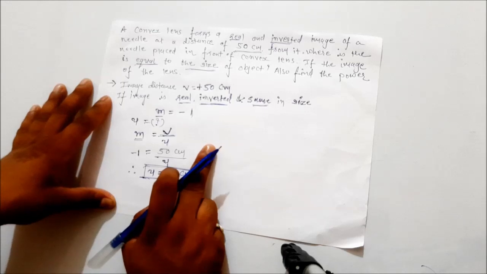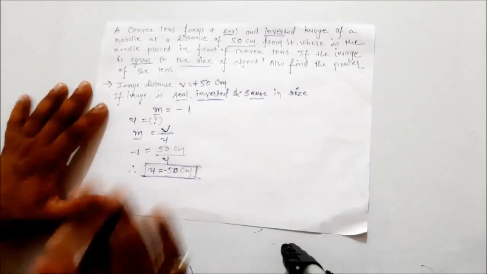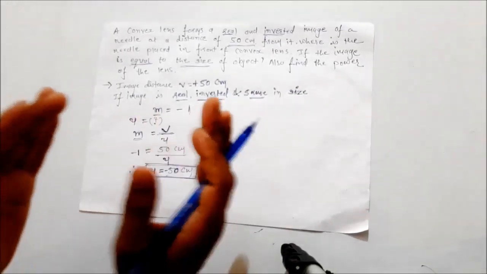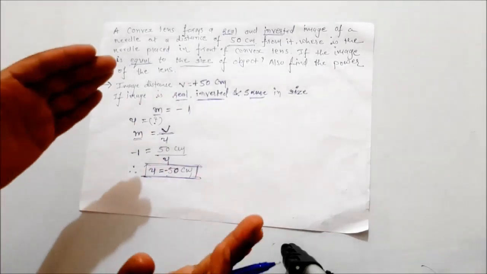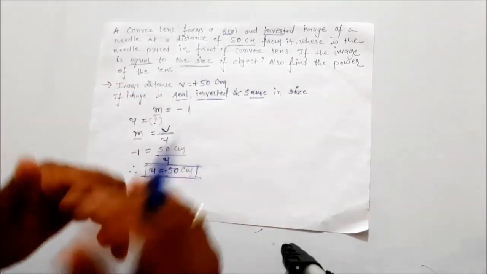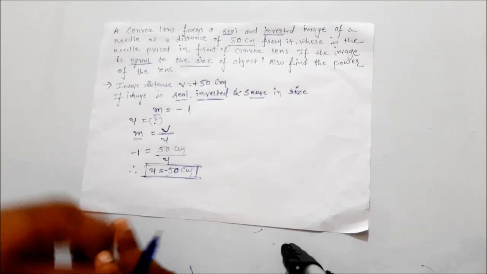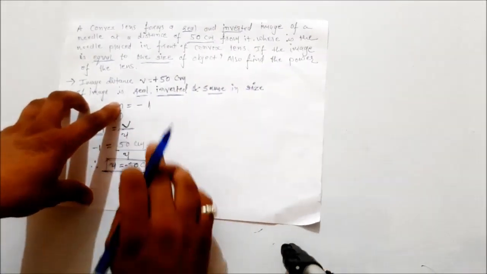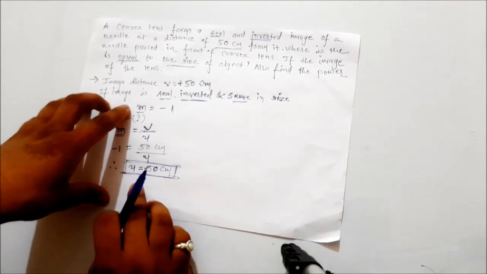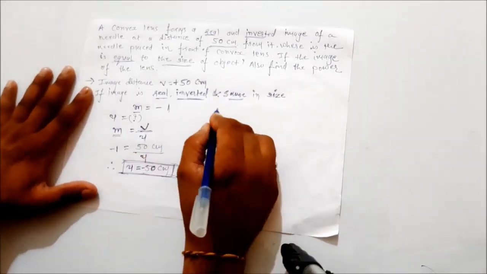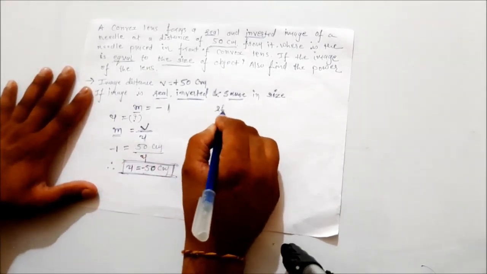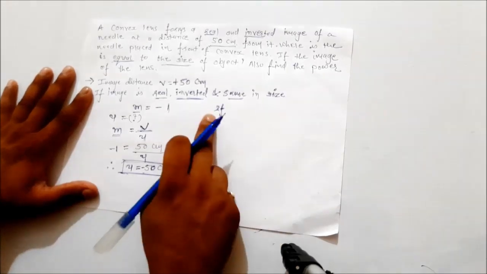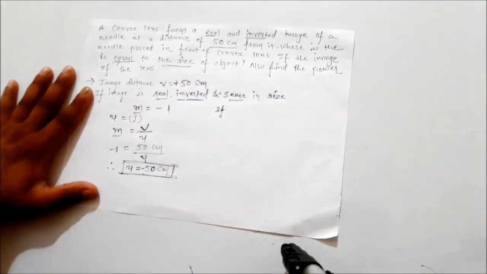But instead of that, if we use the characteristics, we can compress the sum. As we know, this case is only possible if my distance is twice f. Same size we will only get if the object is placed at center of curvature, right, here at twice f.